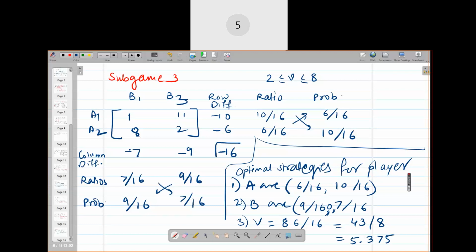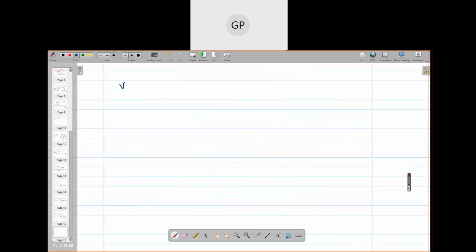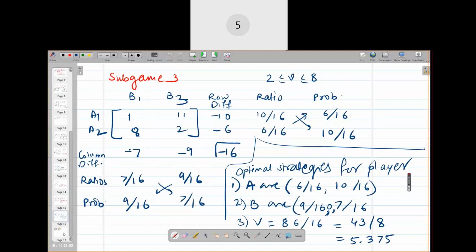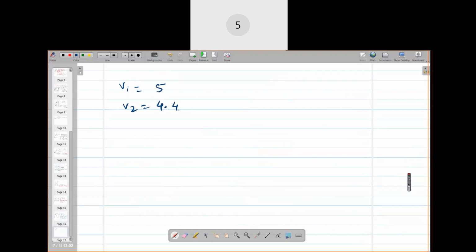So let us write the values. V1 is 5. V2 is 4 point what was it? 4.45. V3 is 5.375. He has more strategies.